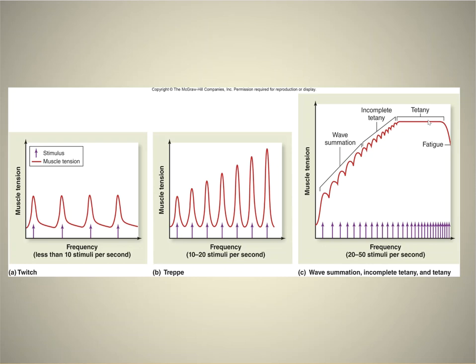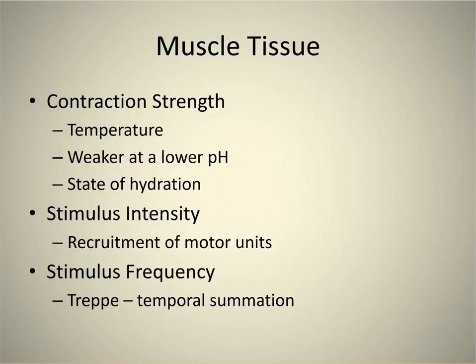You're firing this cell as fast as you can, and it doesn't even relax, and it will fatigue very rapidly when that happens. What does contraction strength depend upon? As I mentioned, it depends upon the strength of the stimulus and upon the frequency of the stimulus. But it also depends upon temperature.